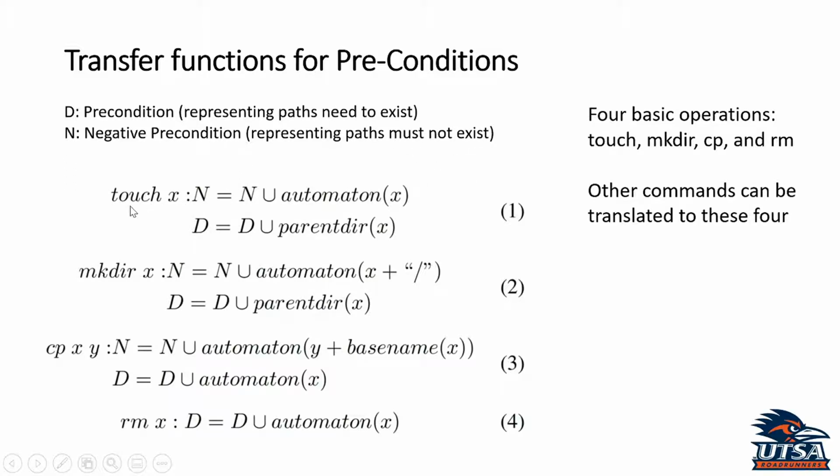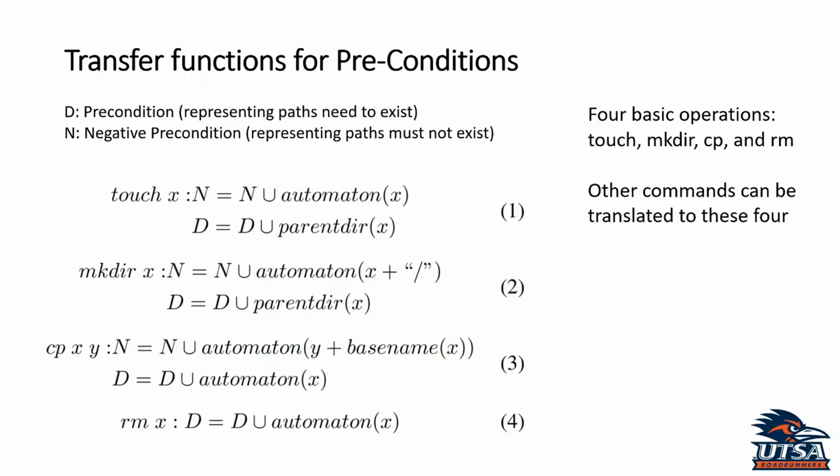We can see, for example, in the touch case, after the analysis goes through the touch X operation, we know that the path X must not exist, and the parent directory of X must exist, because you have to have the parent directory existing to touch a file.